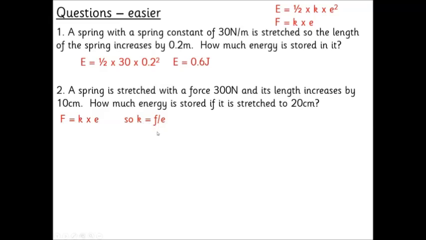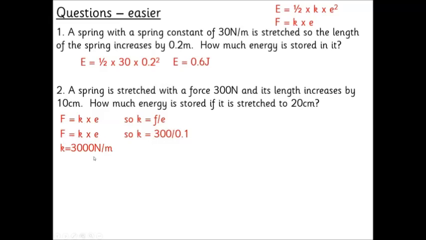Rearrange to k equals F over e. k equals 300 divided by 0.1, which gives us an answer of 3,000 newtons per meter. If you're thinking, where's 0.1 come from? Well, I've converted 10 centimeters into meters, so 10 centimeters is 0.1 meters.